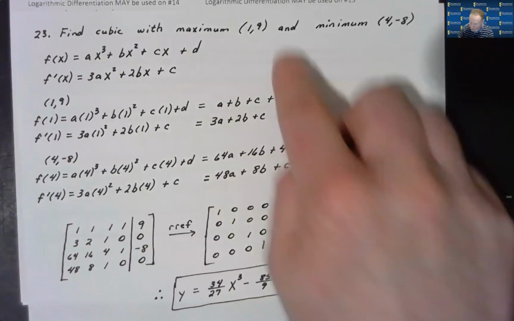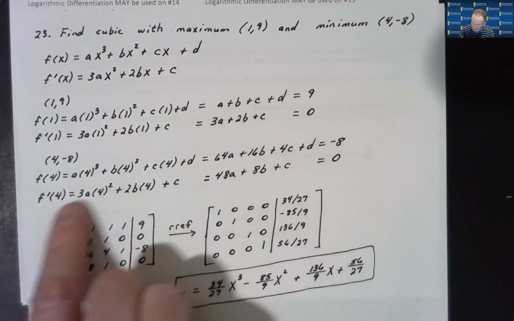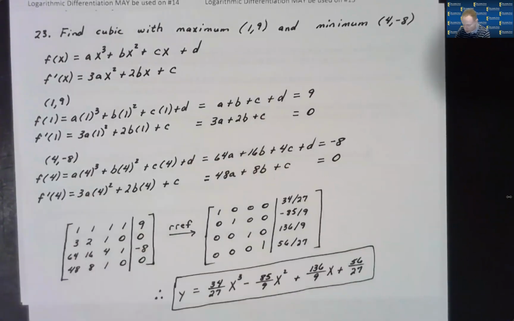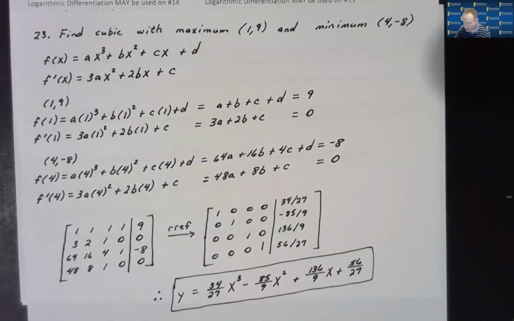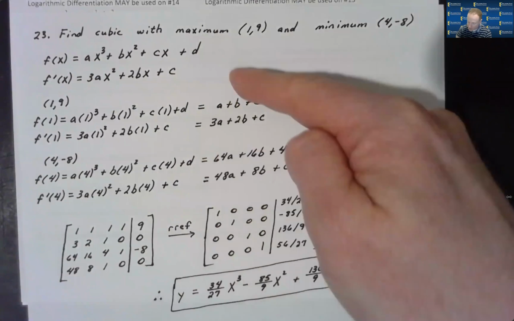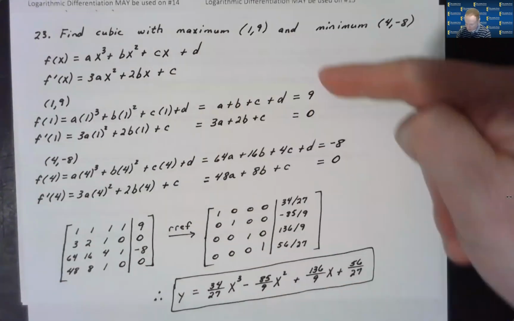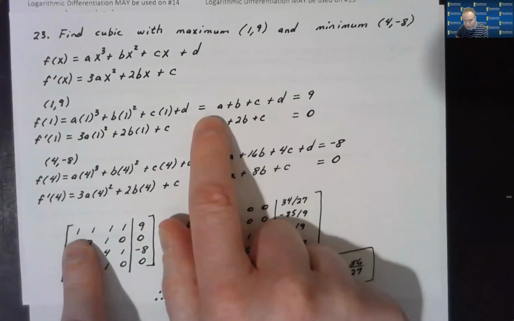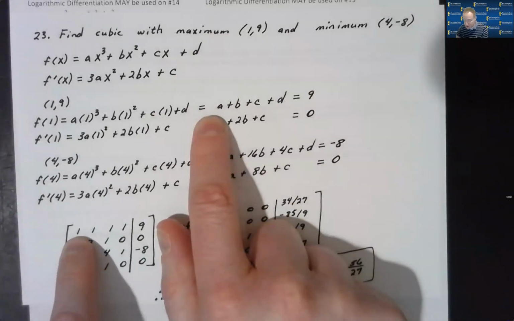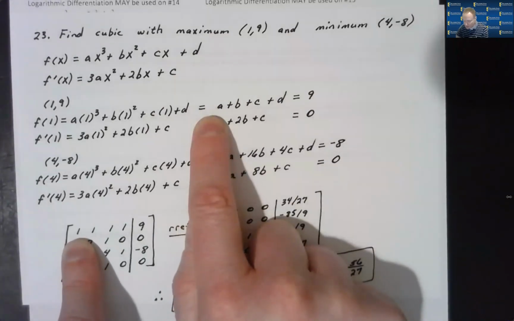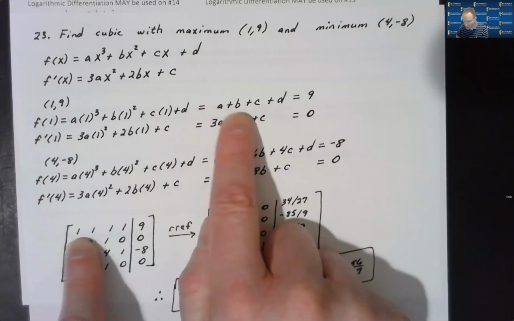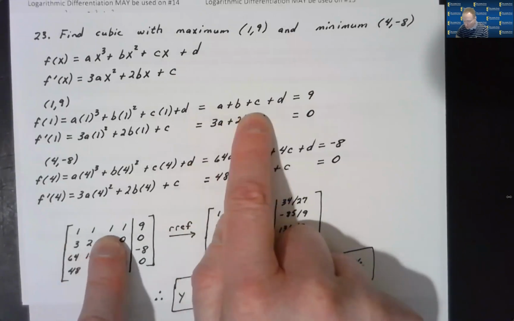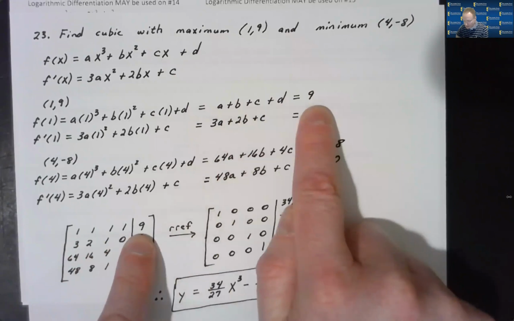Now, from these 4 equations, I can set up a matrix in order to solve this out. The matrix is going to have a row for every one of the equations. It's going to have a column for every one of the variables and a column for the solutions. The first row, you just put everything in, all of the coefficients and the solutions, ignoring the variables. So the first row is going to be 1, 1, 1, 1, and a solution of 9.